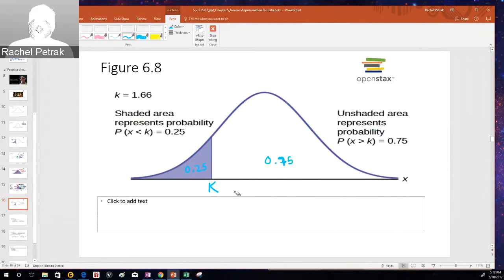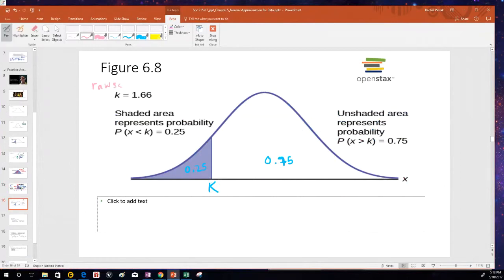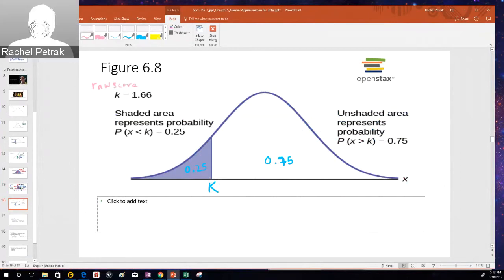Oh, they're saying what K is, this is not a standard score. K is a raw score. So this represents 1.66 hours of entertainment time that the computer is used for.